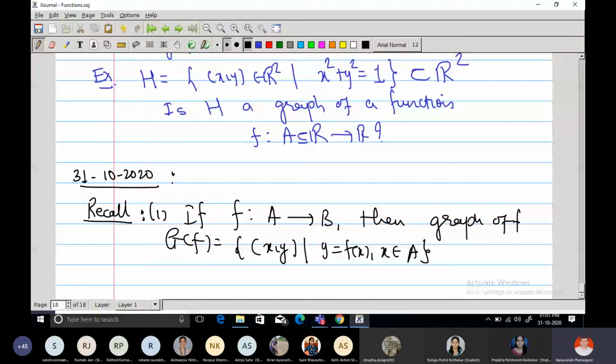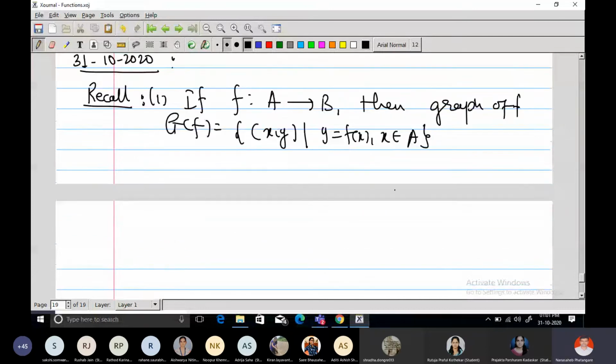So ultimately, the graph is a subset of what? A cross B, the Cartesian product of A and B, because if x is in A and f(x) is in B, so it is the value of the function at x, then it is a pair of elements from A and B, so it is a subset of A cross B.